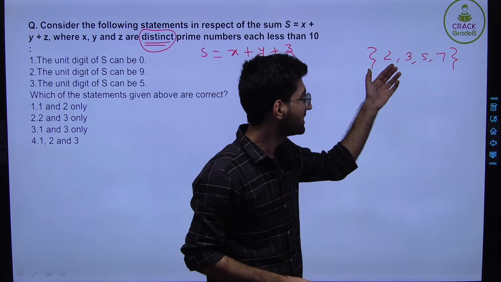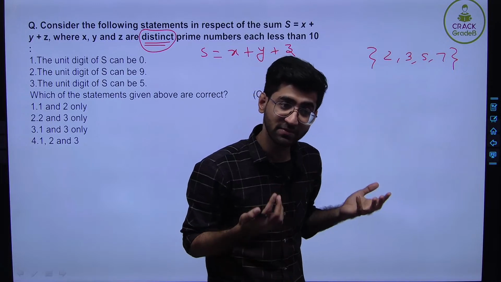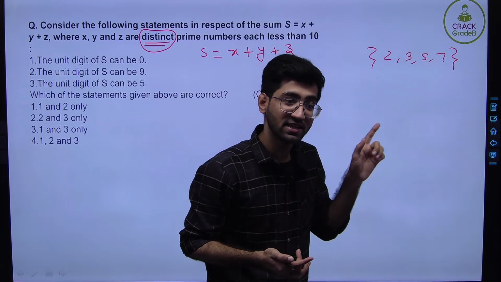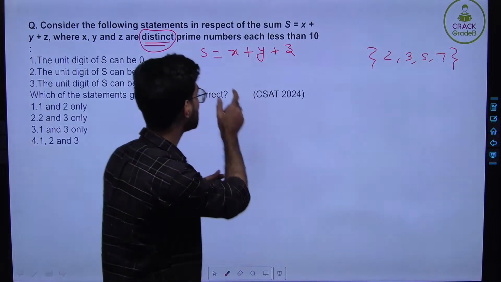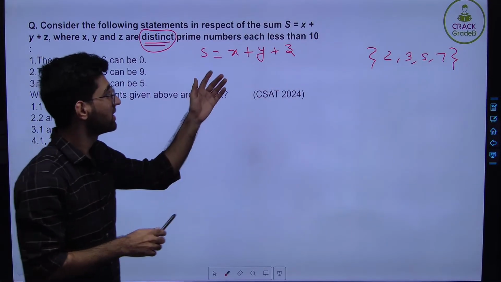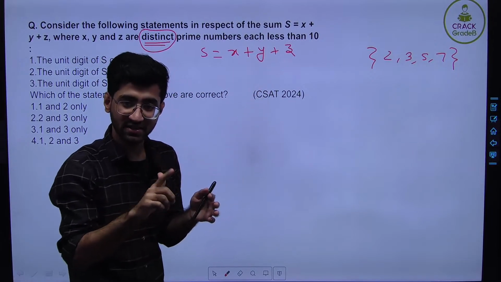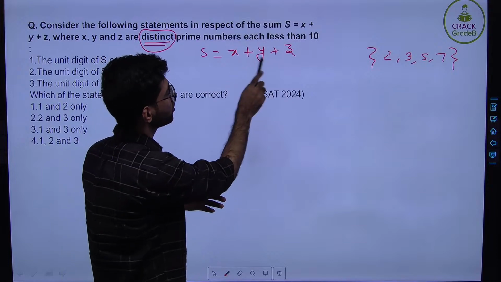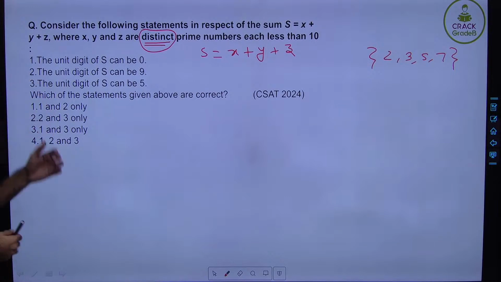If you say that y is 2, it means that you can't say that x and z are equal to 2. Distinct means that each value is different, means the values of x, y and z are different, right? Means no two values can match. Okay, now let us start reading the question.